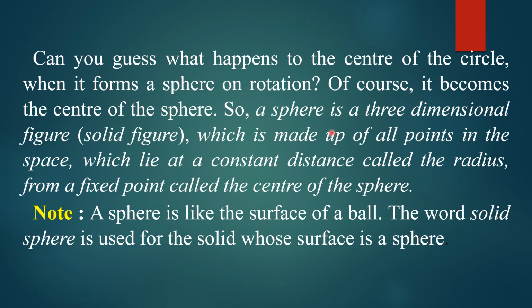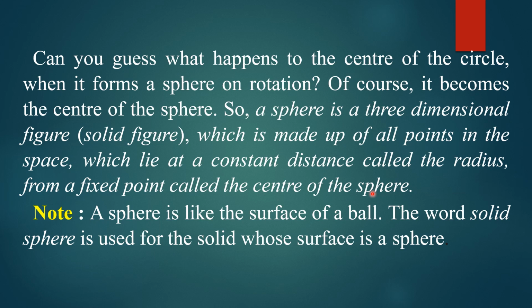So, a sphere is a three-dimensional figure or a solid figure which is made up of all the points in the space which lie at a constant distance called the radius from a fixed point called the center of the sphere. Okay, my children, it is a solid figure.